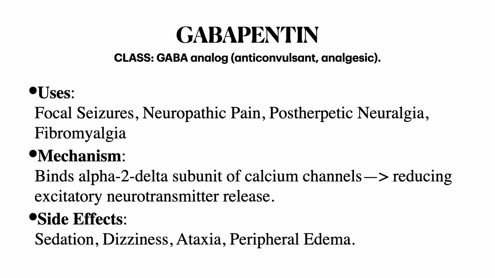The other drug we have is gabapentin. It belongs to the GABA analog class, an anticonvulsant and also an analgesic. The uses are focal seizures, neuropathic pain, post-herpetic neuralgia, and also fibromyalgia. The mechanism of action is that it binds the alpha-2 delta subunit of calcium channels, thus reducing excitatory neurotransmitter release. The side effects are sedation, obviously, and dizziness, ataxia, and also peripheral edema.